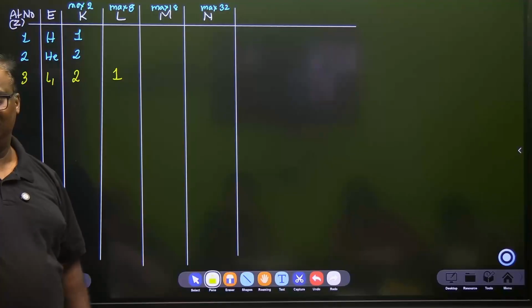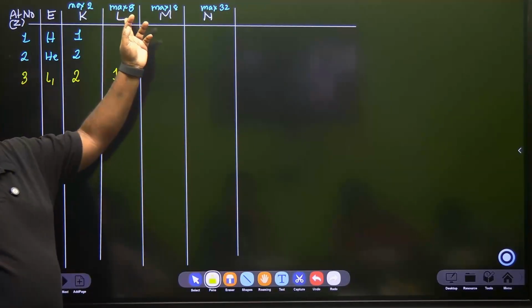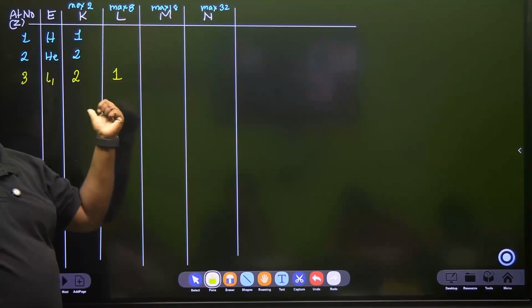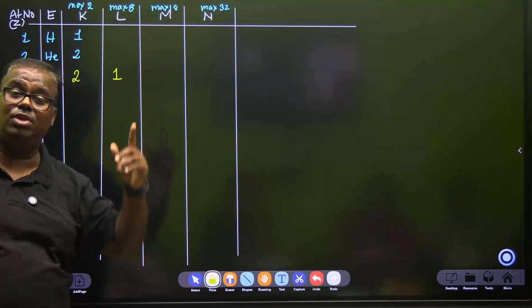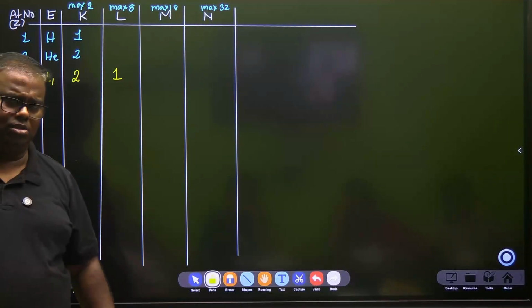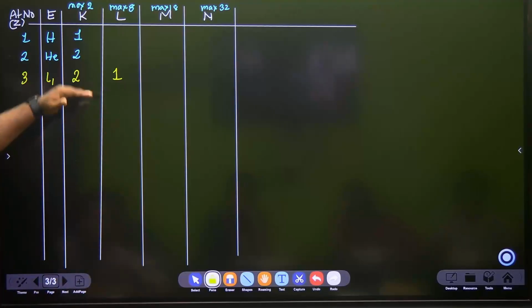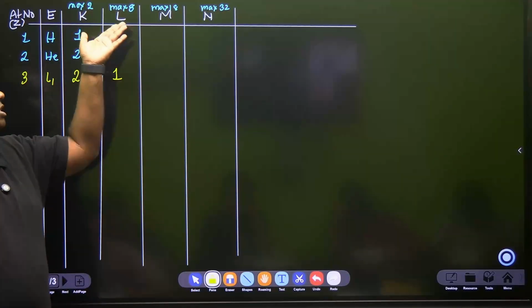It works. Are you understanding the rule? You have to obey both. Max count is how much? 8. We have filled only 1. Every time you see that, don't look only at this. You also see if it is the valence shell, then see in the valence shell how many can I put. In fact, all the elements that you will see now, this will not open. This one will go on opening, because this can eat up to how much?